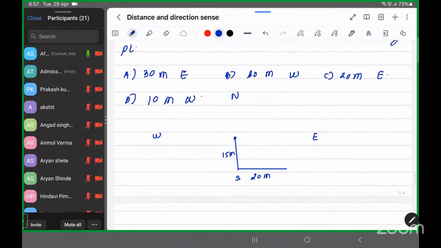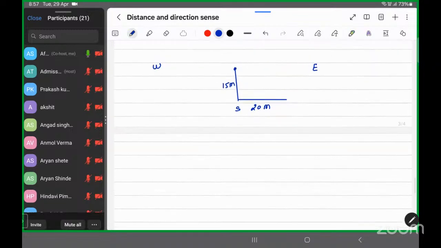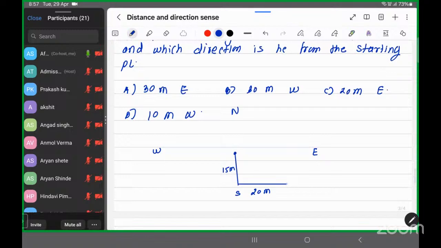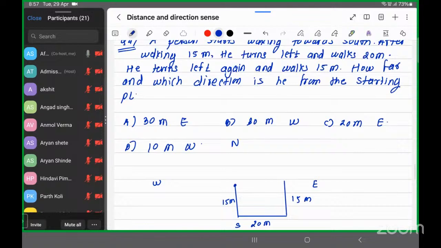After that, he turns left again and walks for 15 meters. So he is in the direction of east, 20 meter. Correct, na? C option is correct, 20 meter east.